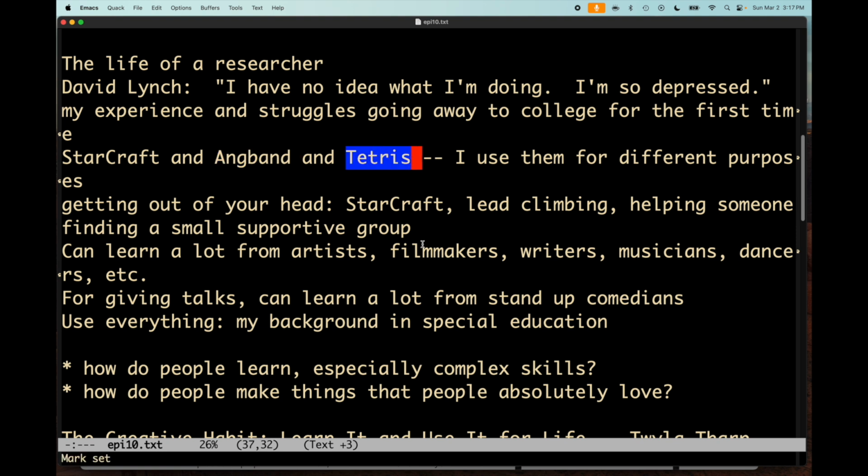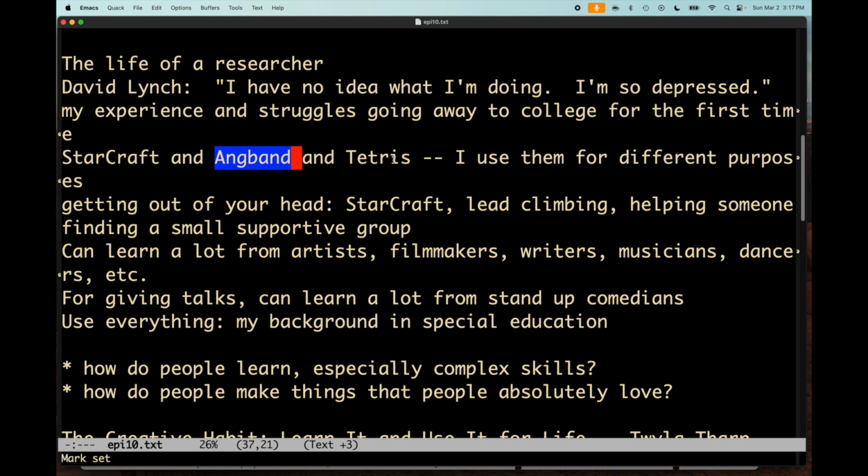And also Tetris. If I really want to think, I can just play some Tetris for a while. And Tetris, once again, there's not a whole lot of thinking for me. It's mostly mechanical, but it's sort of real time and demands things.